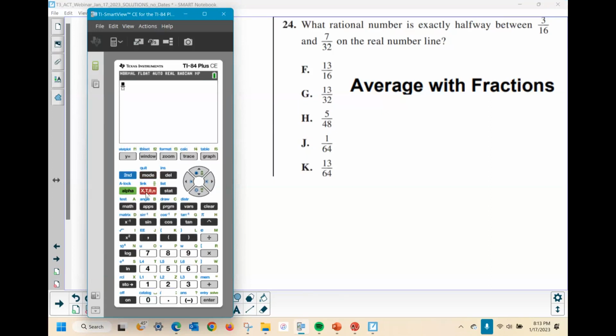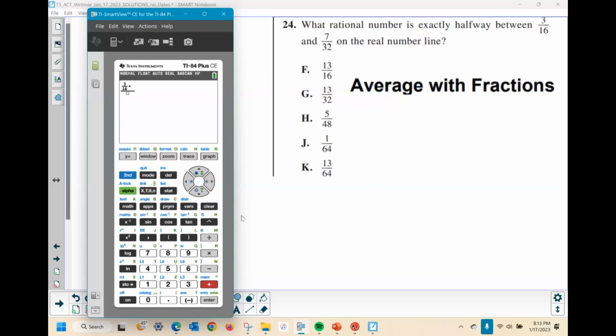What I'm going to do is add those 2 fractions in the numerator. I'm going to do that fraction template again and type 3 and then down arrow 16. I'm still in the denominator and the right arrow is being shown. To get out of here, press the right arrow.